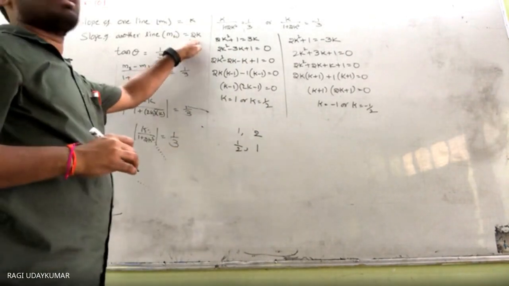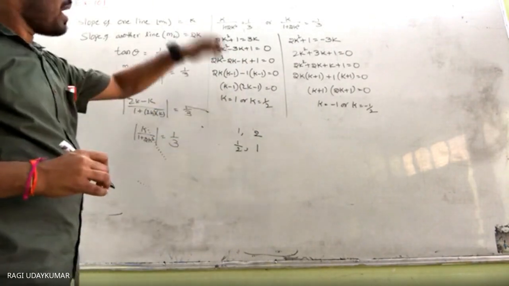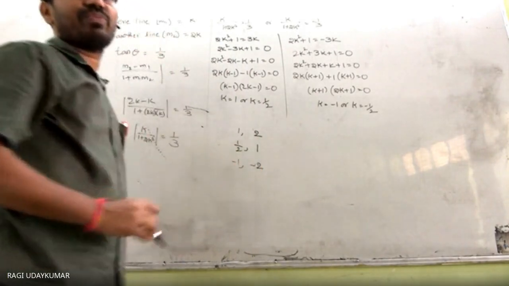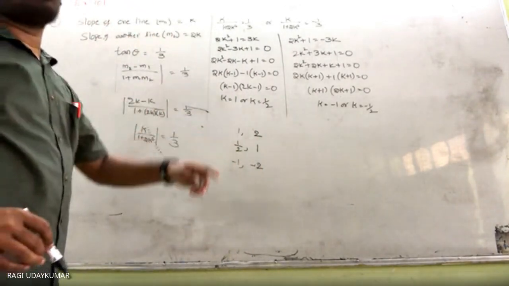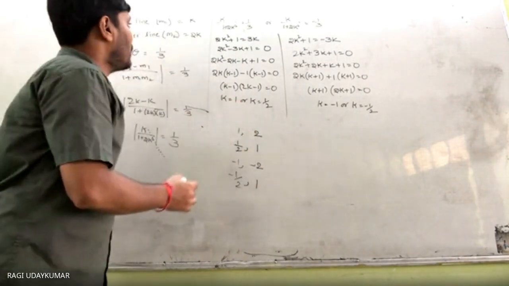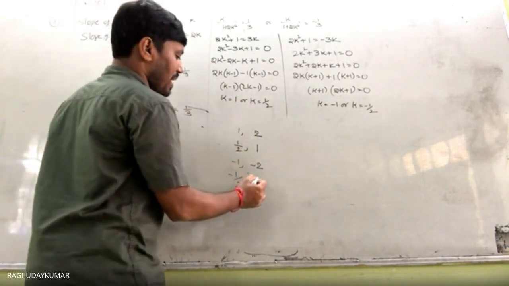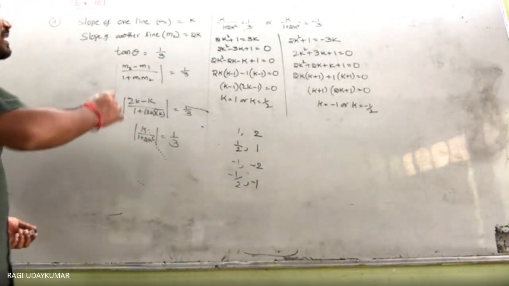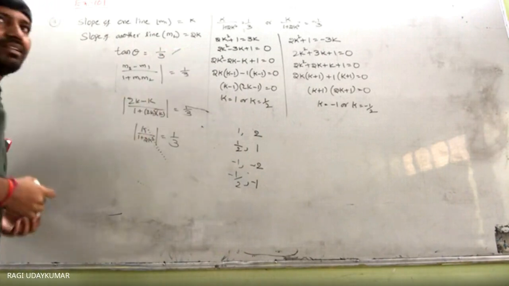In case k equal to 1/2, k equal to minus 1 gives minus 1 comma minus 2, and k equal to minus 1/2 gives minus 1/2 comma minus 1. In every situation, it is going to satisfy this condition.